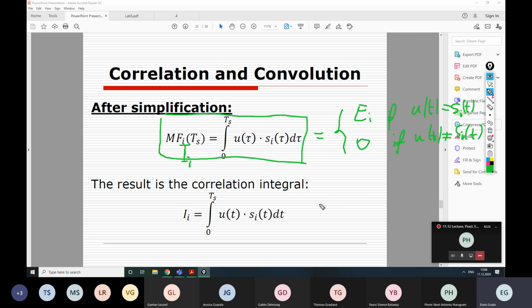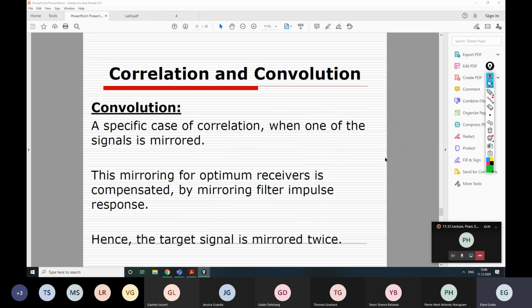The very same way as it works for correlation integrals. So hopefully you can see now that correlation and convolution are literally the same thing. The only difference is that convolution has one of the signals mirrored. So basically, if you calculate correlation and you mirror one of the signals, then you get convolution.